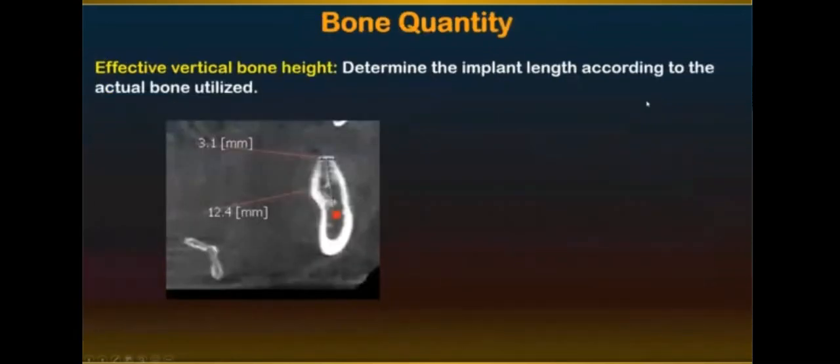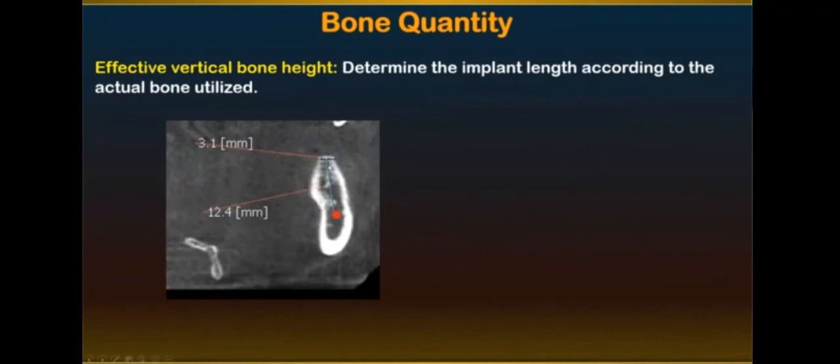In some cases, like here, for example, the alveolar ridge is very, very thin. You can see the crest here is showing 3.1 millimeters, which is very narrow to receive an implant in a straightforward manner. Here maybe you will need some bone grafting or bone expansion or whatever technique is going to be used.